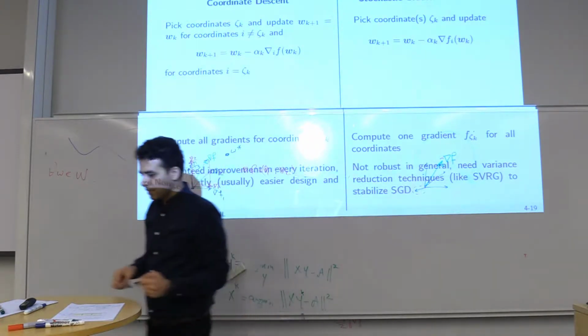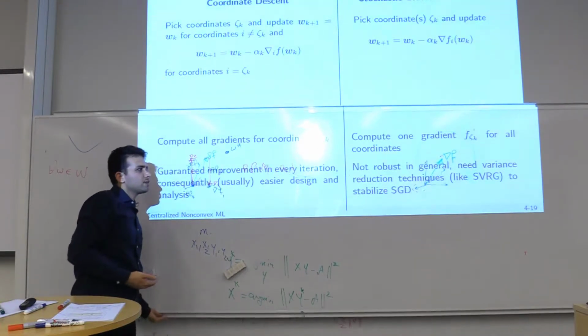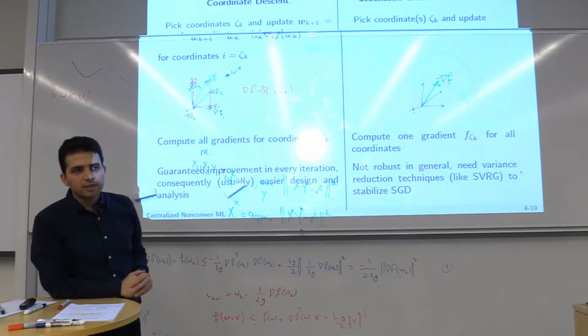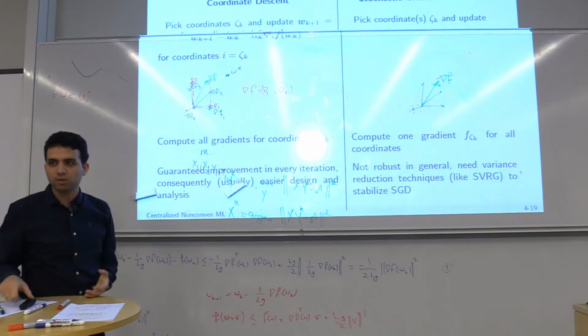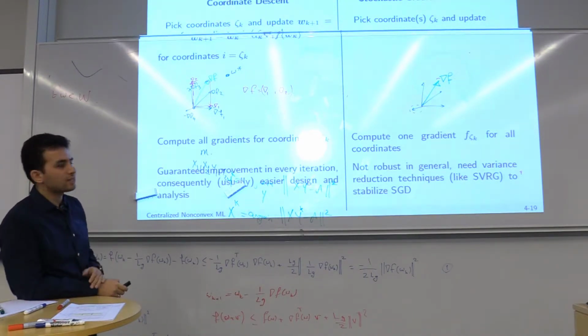So what it says is that in a stochastic gradient, there is no guarantee that in every iteration we can improve, whereas we do have this control, this robustness in coordinate descent. So that's a very great thing.